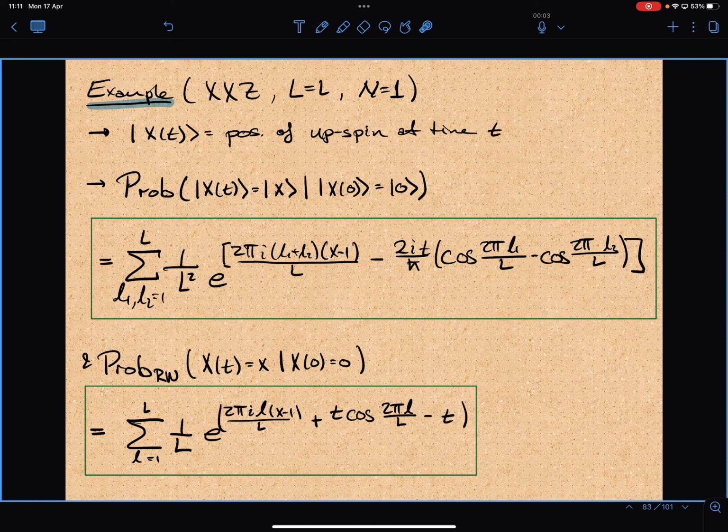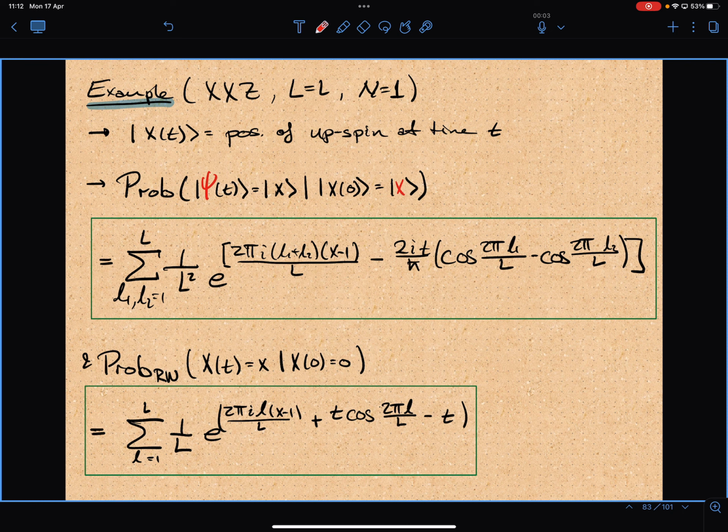If I have my upspin starting at some position, and based on the notation that I have later on, I think this is the notation I have to be consistent with, I want the wave function.